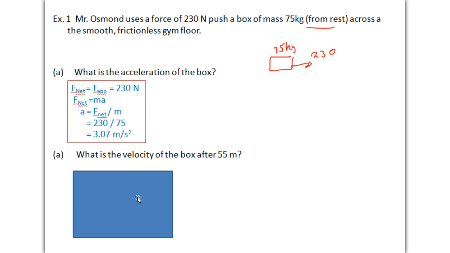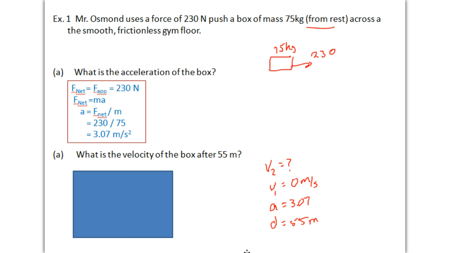And then what is the velocity of the box after 55 meters? We have V2, which is what you want to find. You know V1, because you were told the box starts from rest. You have the acceleration from the last question, which is 3.07, and you have the distance, 55 meters.